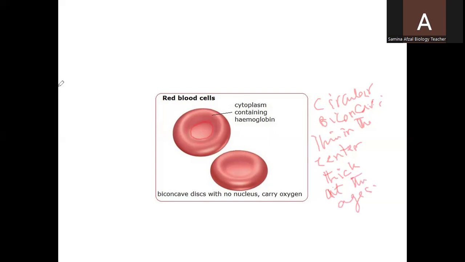In this way, their surface area is increased. No nucleus.